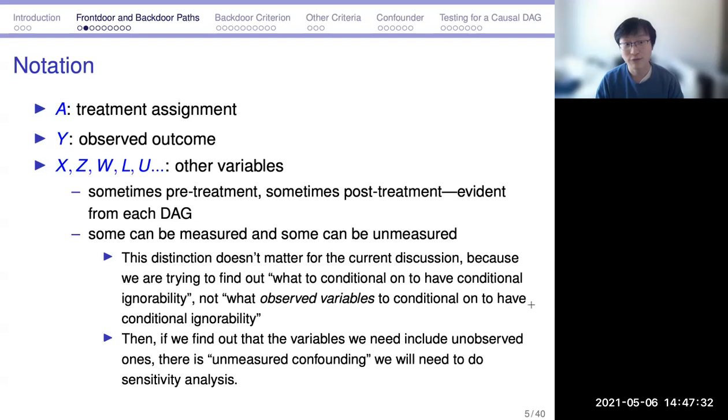So if we find out that the variables we need include unobserved ones, if I tell you I need to include W and L to get conditional ignorability, and you tell me, but L is unobserved, then okay, we have this unmeasured confounding, and we'll see what we do with that. But all my talk is trying to say it doesn't matter for the sake of our current discussion, measured or unmeasured.